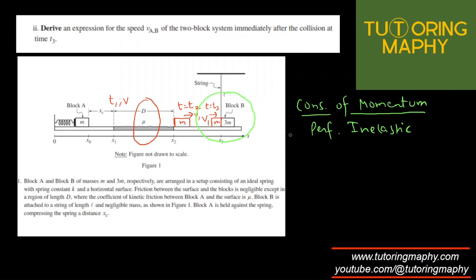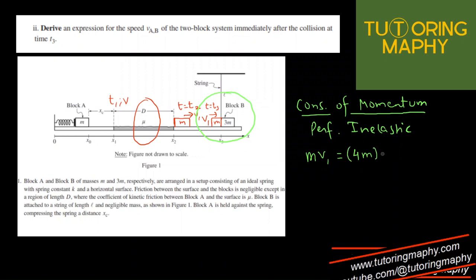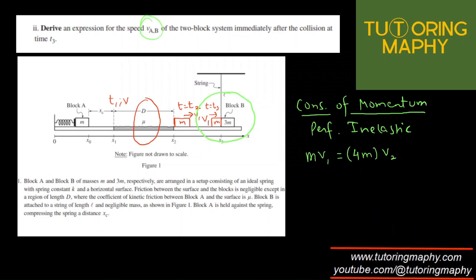Since this is a perfectly inelastic collision, I'm going to say that the initial momentum, which is m times v1, I know that v1 is unknown, but I'm just setting up the equation first so that you know why I'm finding v1. mv1 will be equal to 4m. Why 4m? Because they stick together, guys. They stick together times some velocity v2, which they are interested in.